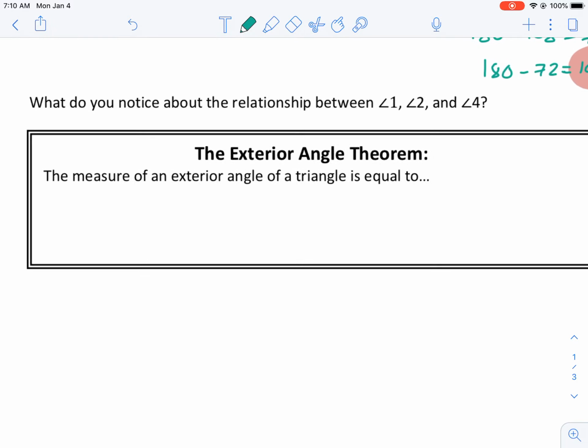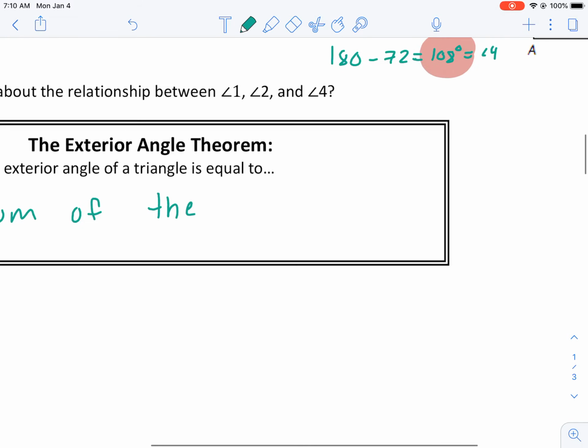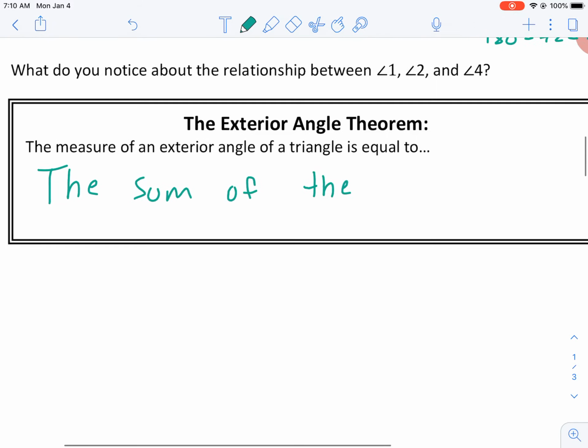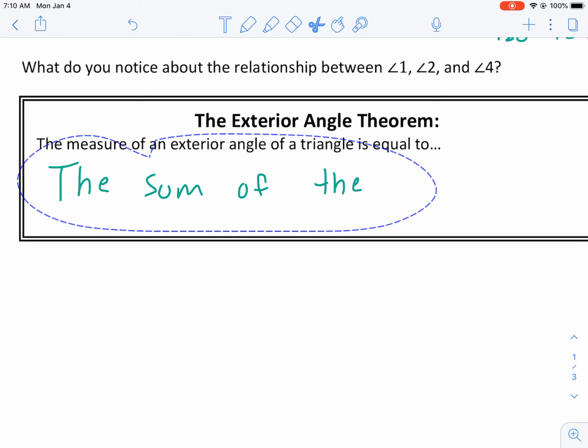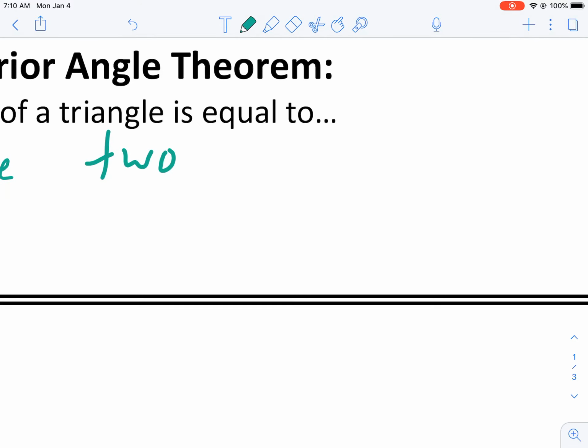The measure of an exterior angle of a triangle is equal to the sum of the two, we're going to use this word non-adjacent.